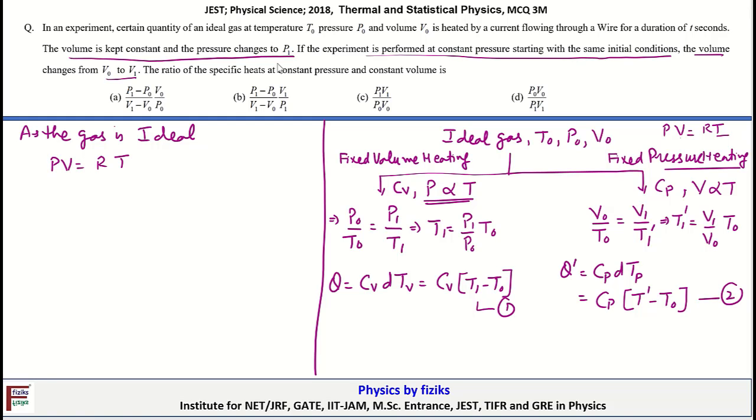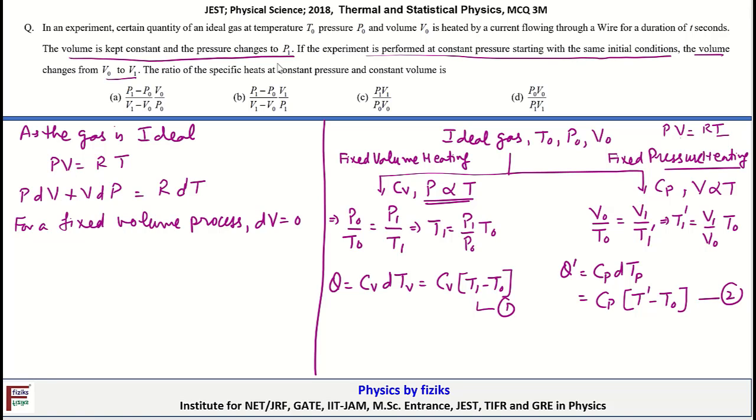From here we can write P dV plus V dP is equal to R dT. For a fixed volume process, dV is equal to 0.